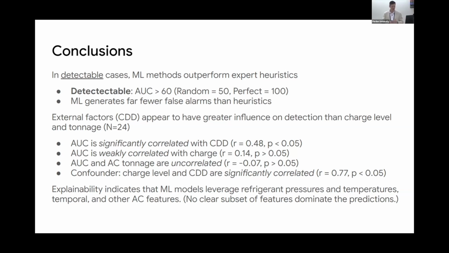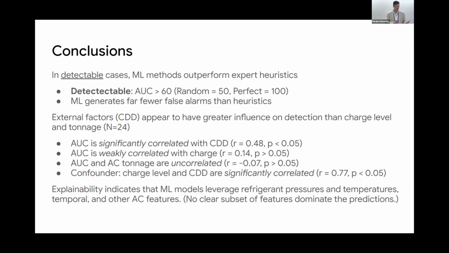We saw that there were a lot of external factors, and the cooling degree days was the biggest thing. So the reason we were able to detect at 95% charge, or at 5% leakage, and not at 85% is because the 85% happened to be on a very cool day, on several cool days.